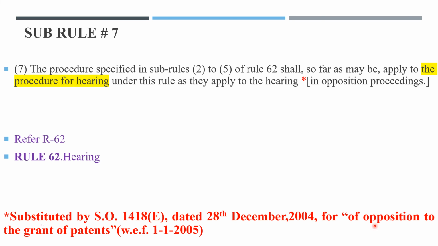So earlier this was "of opposition to the grant of patents", and now it is "in opposition proceedings" after the amendment. Just remember this and you can very well recall the whole subrule, because here the key phrase is the procedure for hearing. When you can remember this particular keyword, you can very well remember the whole subrule.